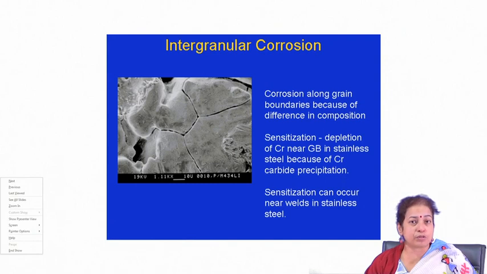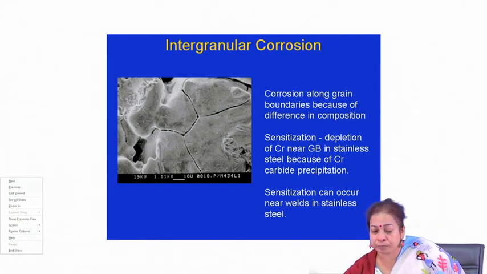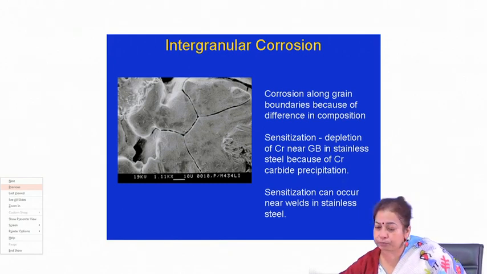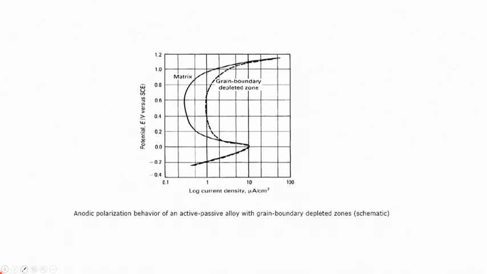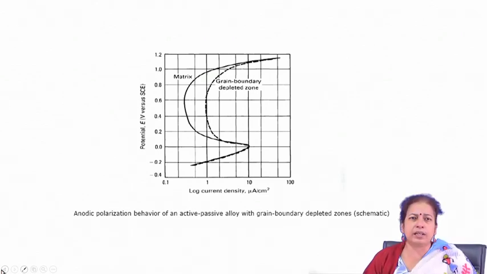So, the problem starts from the adjacent grain boundary regions, and at a later stage there is damage or failure of the component from near the grain boundary regions. This effect is more prominent in the case of AISI 304 stainless steel, where the overall contribution of grain boundaries to the corrosion rate is shown.